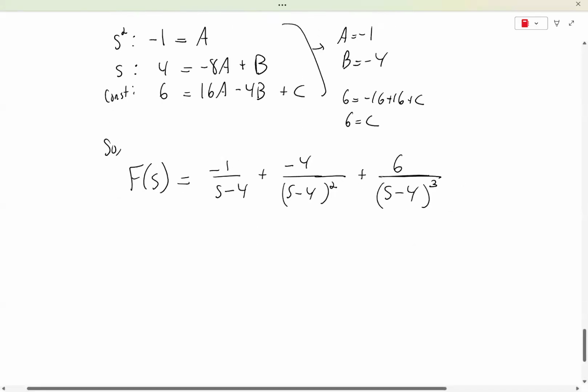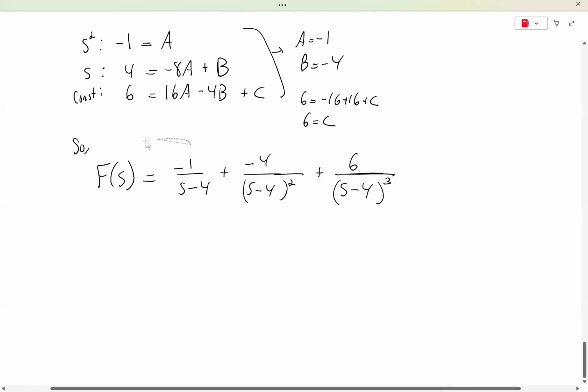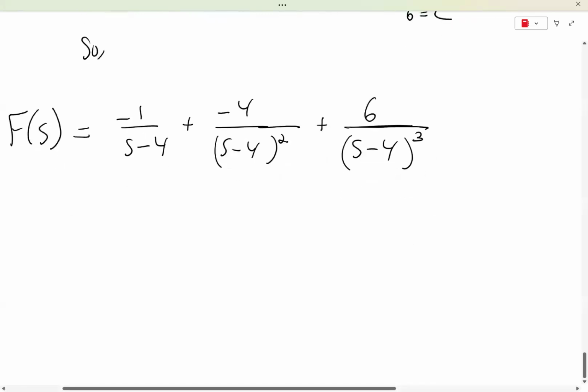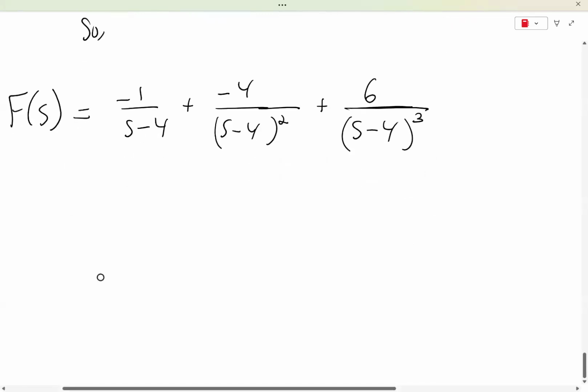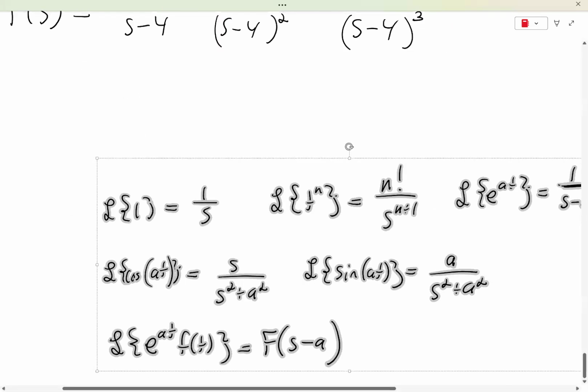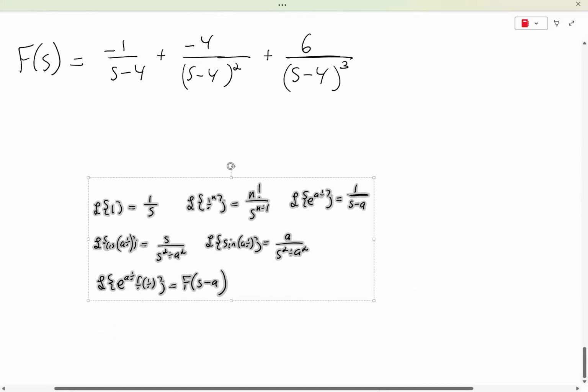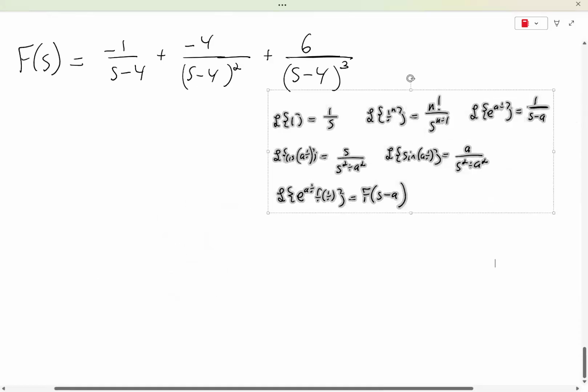Okay, now we almost got it. So there's our F of s. Let me zoom in here a bit. Let me get my theorems back here, and the table, just for reference again. So I'm going to start looking at these.